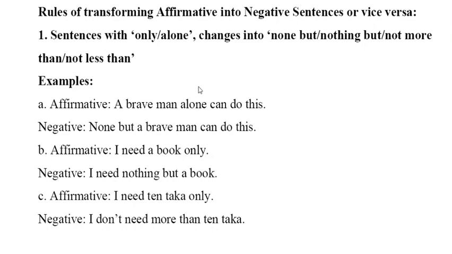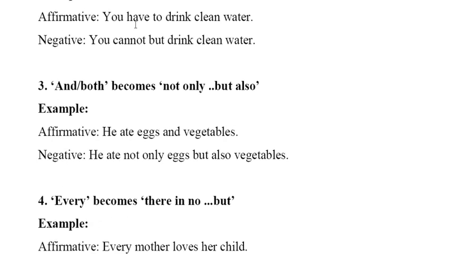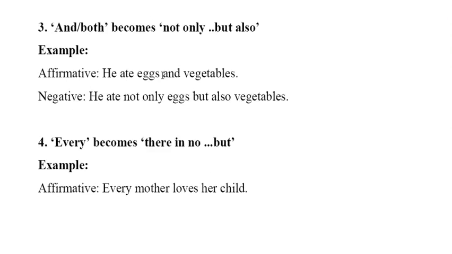So first one: if you find only, alone, it will be changed like none but, nothing but, not more than, not less than. Must, have to, can will be changed as cannot but, and both will be changed to not only but also.